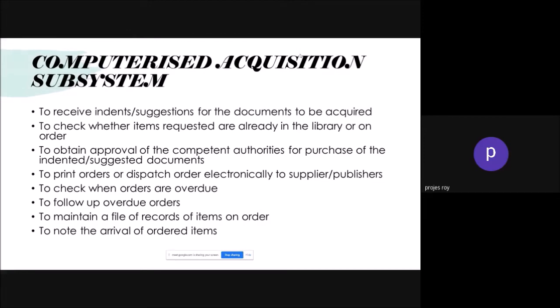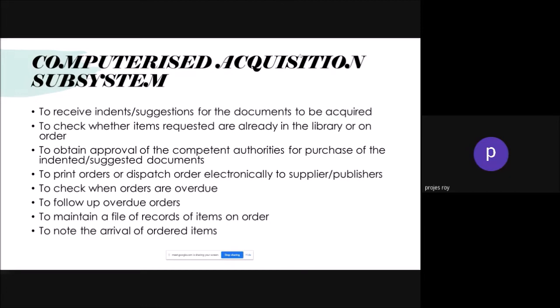Then maintain a file record of items on order. All these things which we are discussing over here are a manual process, right? When we transform into the automatic process, the work will be the same, but it will be done in a different way.